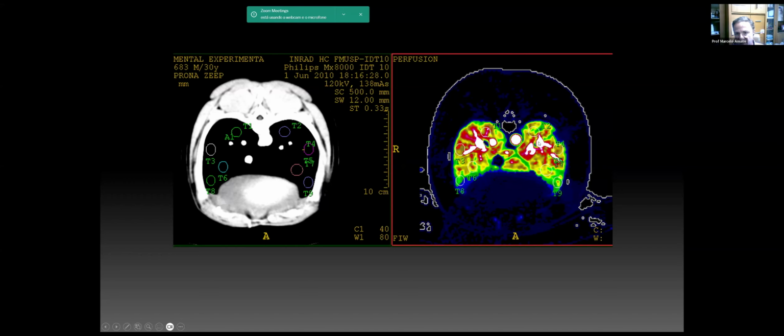You can see here that independently of gravity, and this is a common misunderstanding, people believe that perfusion obeys gravity because this is an old statement from John West. But in the particular case of the change from prone to supine, this is not true.